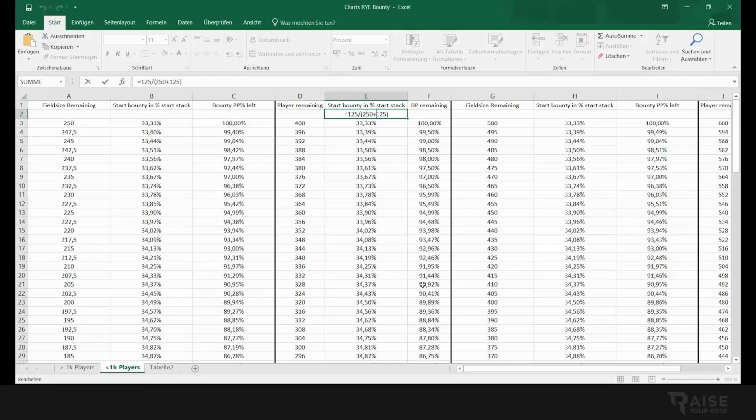So let's just take this number, 0.9092 or something like this, times this, and we should get nearly the same number, right? Okay, so this is how the values for the start bounty percent of the start stack are calculated.